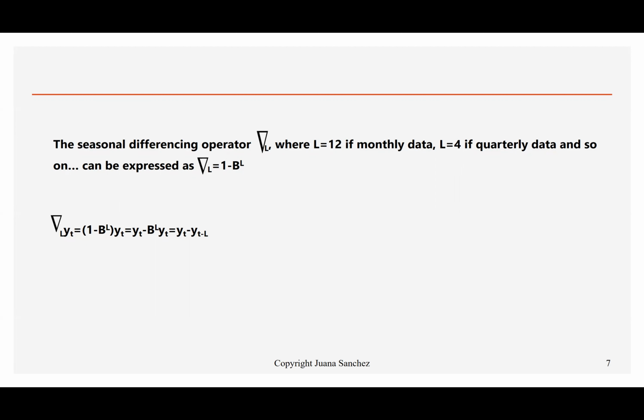If it's monthly, we seasonally difference at lag 12, and if it's quarterly, at lag 4. So the seasonal difference operator, the inverted triangle sub L, means 1 minus B to the power L, where B to the power L is just lag L. So the difference operator at lag L applied to y_t will be the polynomial 1 minus B^L times y_t, and that will be y_t minus y_(t-L).